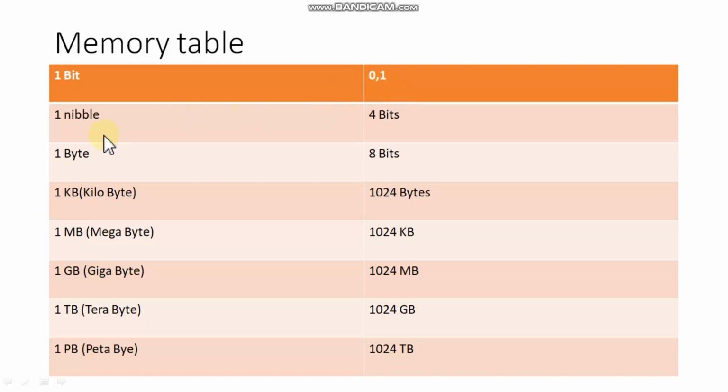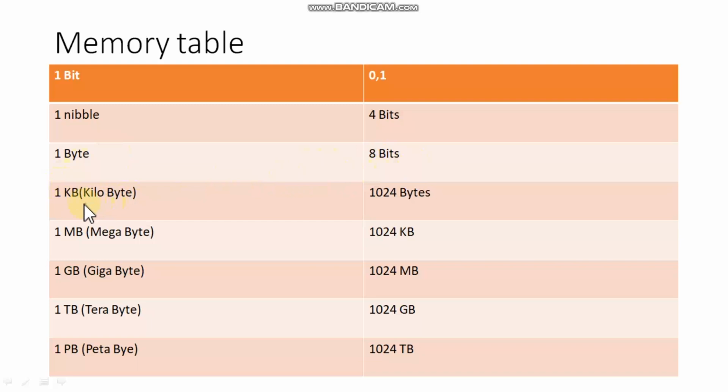Then we have 1 nibble. 1 nibble contains how many bits? 4 bits. Then we have 1 byte. 1 byte contains how many bits? 8 bits. So this is what I told you. We measure memory in bytes. What is a byte? A byte consists of 8 bits.